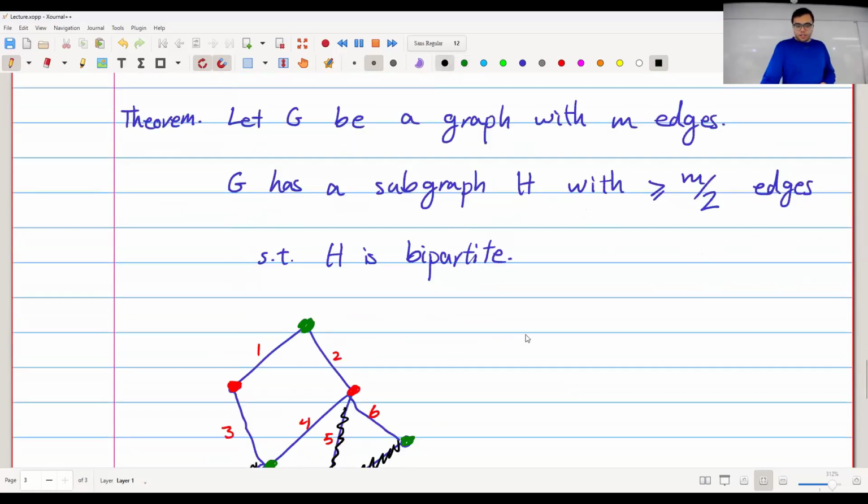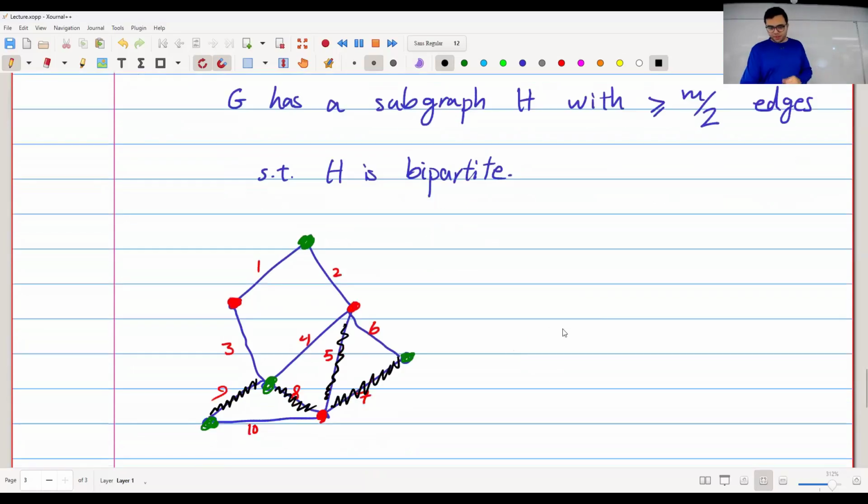So here's the thing. Let's look at all of the subgraphs of G. And for each one of them, let's check if it's bipartite or not. And let's pick the largest subgraph that is actually bipartite. And if there are several largest subgraphs that are bipartite, pick whichever you want. And when I say largest, I mean a subgraph that has the maximum number of edges.